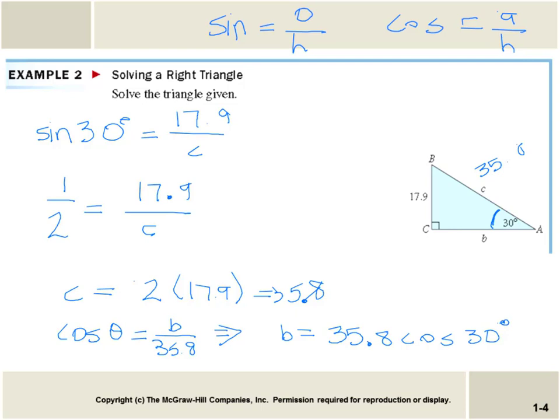So we have b is equal to 35.8 times the square root of 3 over 2. So that's 17.9, 0.9 times the square root of 3. So that would be our solution, right?